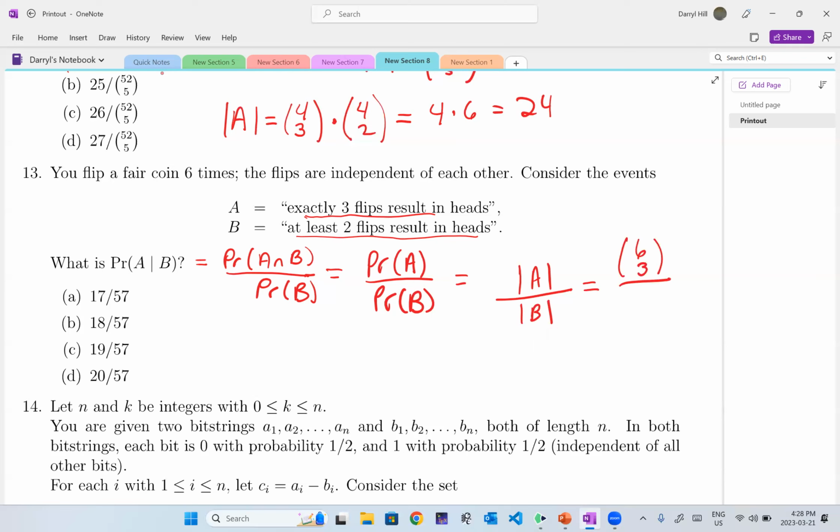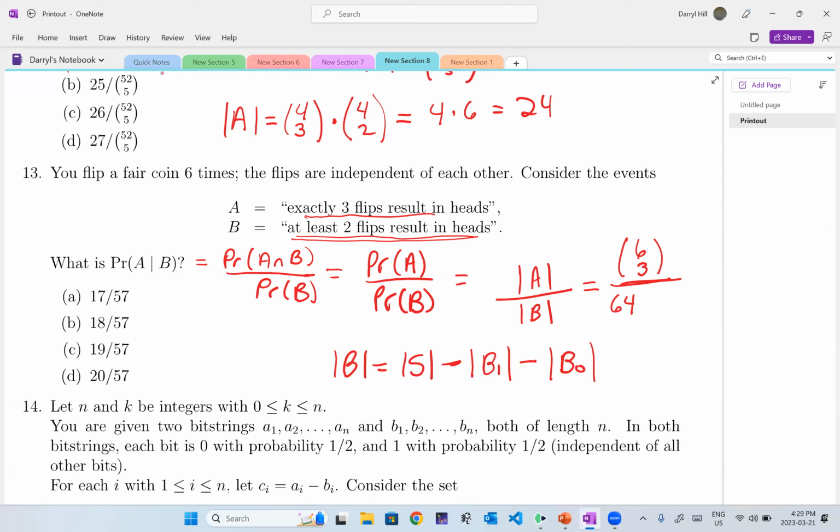The size of B, at least 2 flips result in heads. This is a little bit trickier. I actually do need that sample space now. So my sample space is size 64, right? We computed that in an earlier question, all the ways that I can flip 6 coins. And I'm going to use the complement rule here. So at least 2 flips result in heads means the size of B is equal to the sample space minus exactly 1 flip results in heads minus exactly 0 flips result in heads.